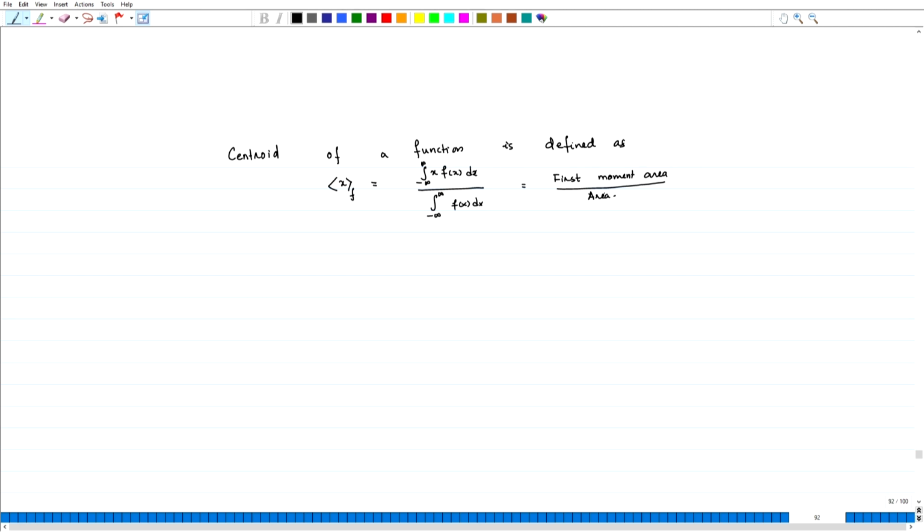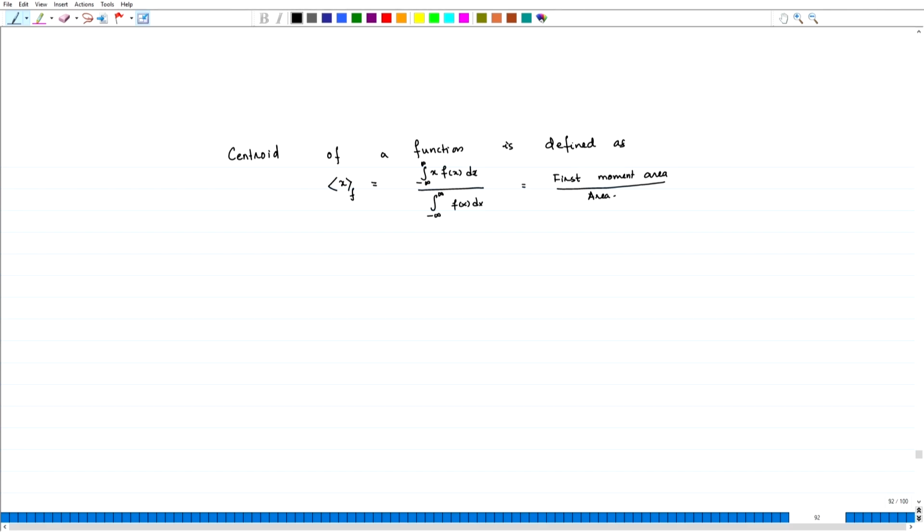That is where f is mainly concentrated. So, now this is called the centroid. Now we know this ratio in terms of the Fourier transform.